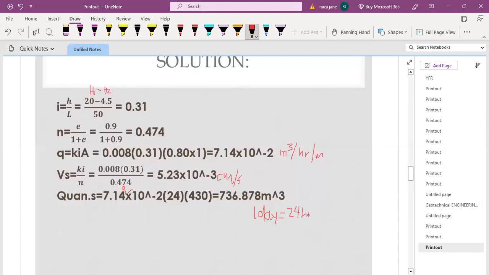Meron tayong 24 hours within one day or a day. Kasi sabi niya a day, wala naman siyang parang like 2 days or ano lang. We have 24 and then i-multiply lang natin siya sa yung per day na 430 meter long na natin dun sa dam. And makukuha na natin yung 736.878 cubic meter.